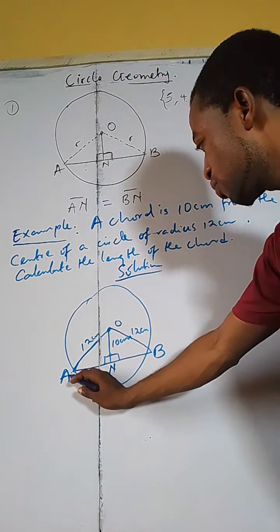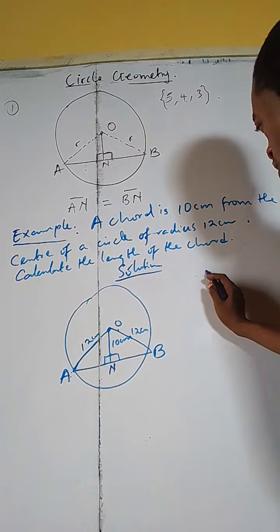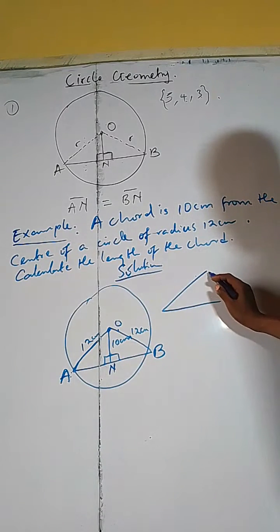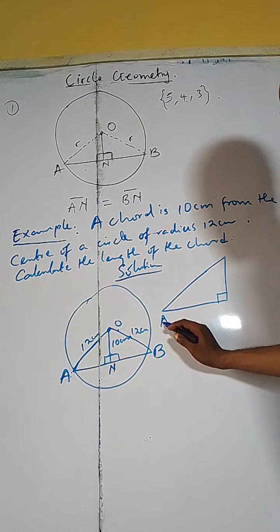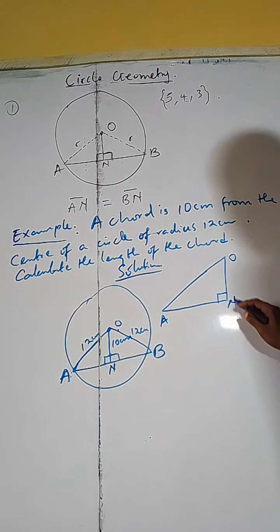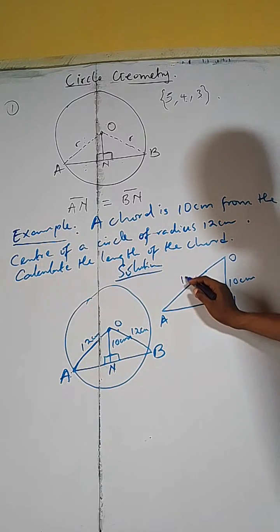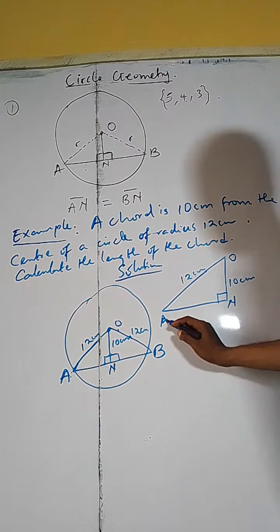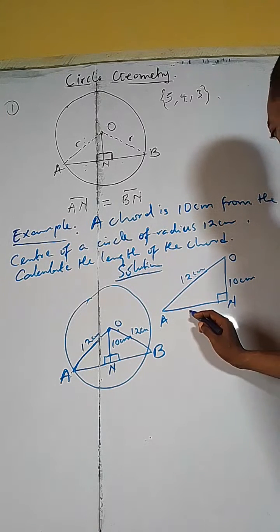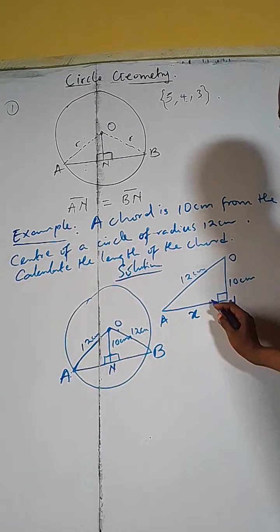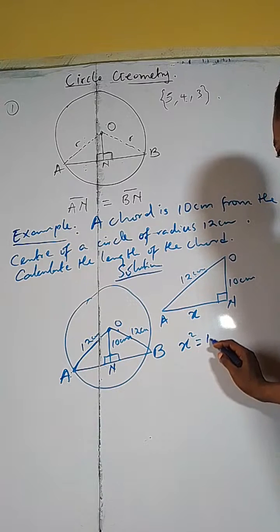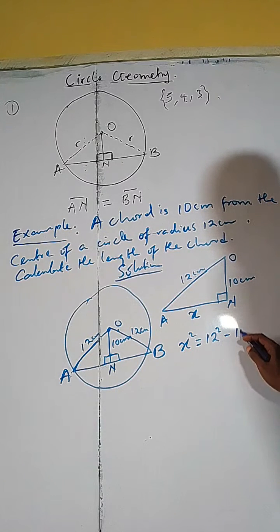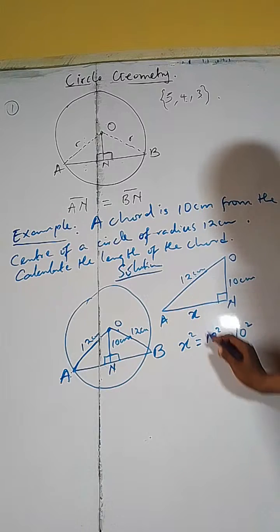And when we bring out triangle AON, which is a right angle triangle, this ON is 10 centimeters, and this AO is 12 centimeters. Then we can find AN. If you let AN be x, from Pythagoras theorem, x squared will be equal to 12 squared minus 10 squared, because here the hypotenuse is 12.